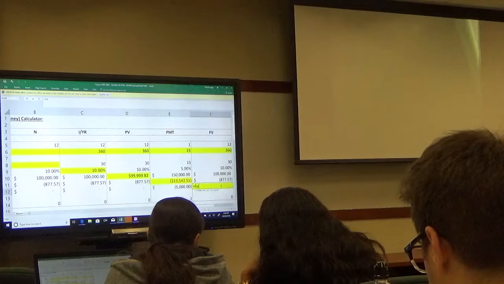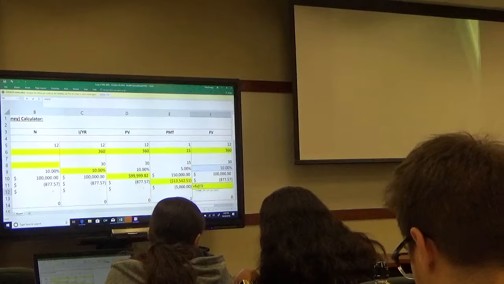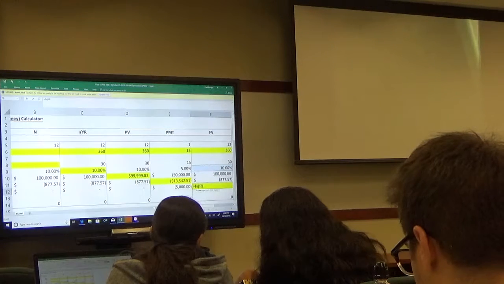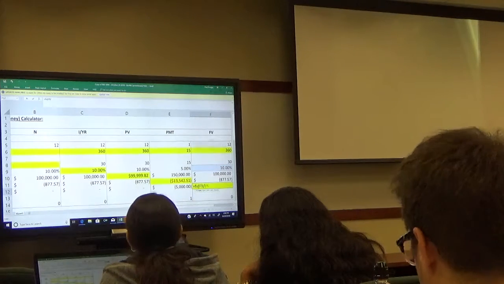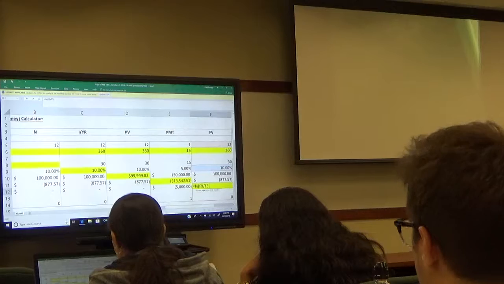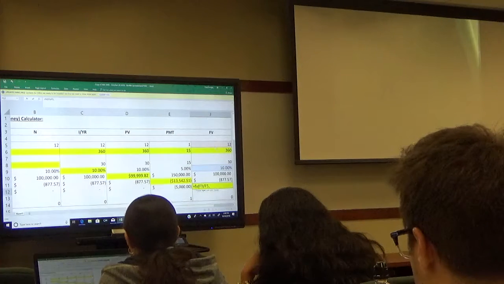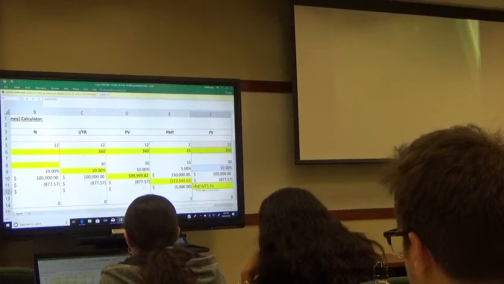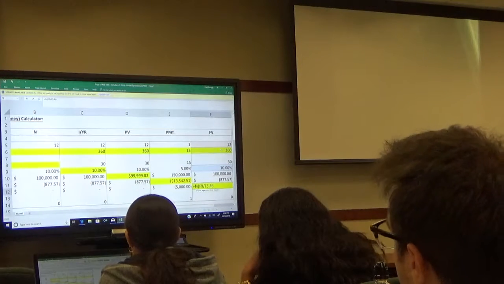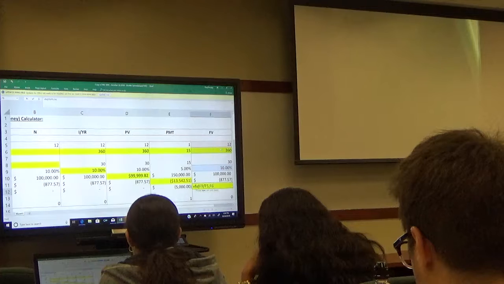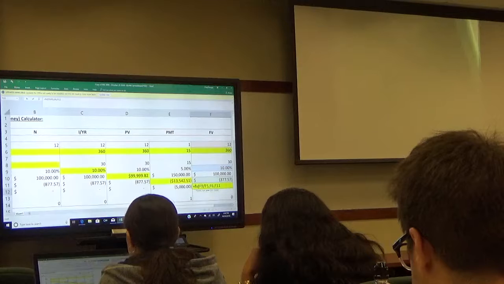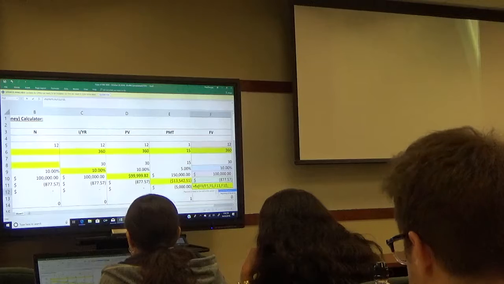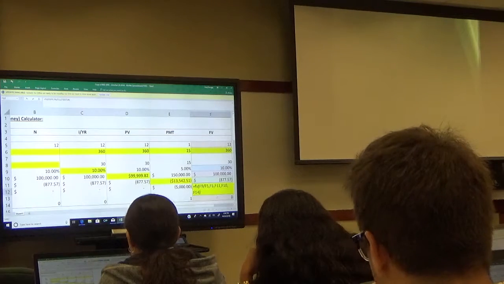Okay, so this one, we're going to have the rate. What are we going to do to it? Divide by number of periods, comma, then, excuse me, so F6, comma, and then the payment, comma, present value, comma, and the type, close parentheses.